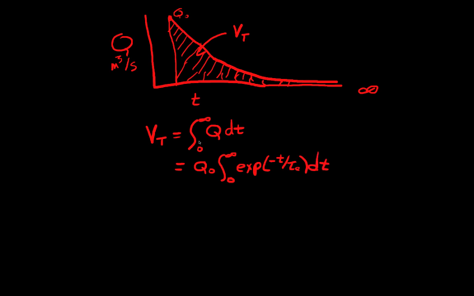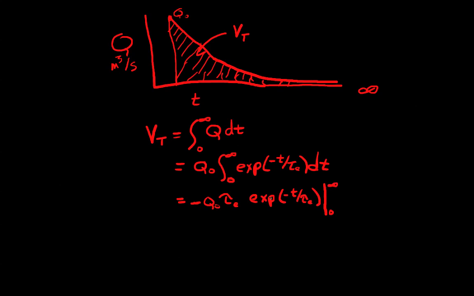And we look up, or we remember how to take the integral of an exponential, and it turns out that we pull out a factor of minus 1 over tau_e, and that gives us minus Q naught tau_e times the exponential of minus t over tau_e evaluated from 0 to infinity.